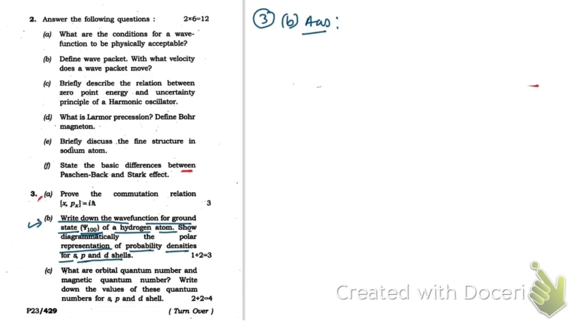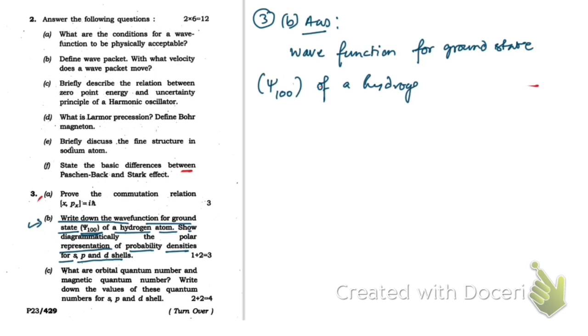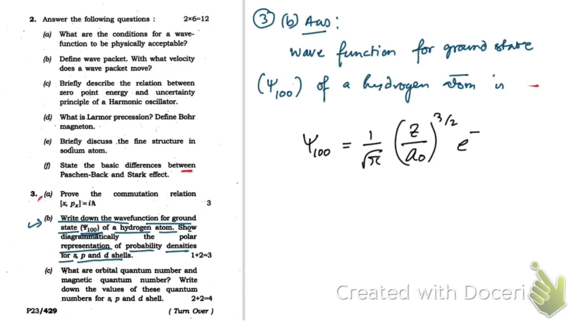So what we are asked to write here, the wave function for ground state, phi 100, of a hydrogen atom is given by phi 100 is equal to 1 by root pi, z by a naught whole to the power 3 by 2, e to the power minus z r by a naught, right?